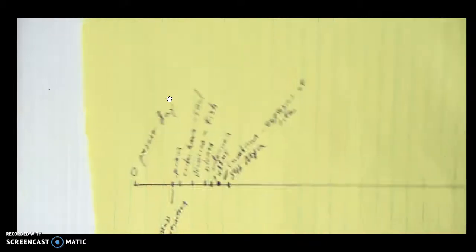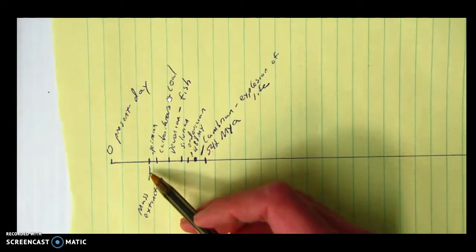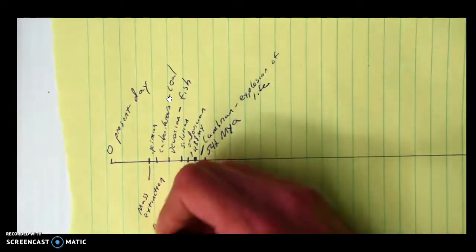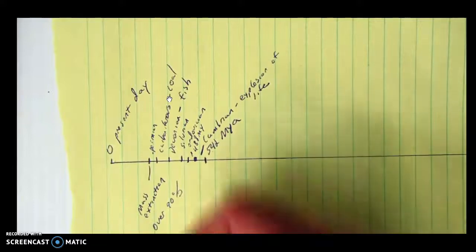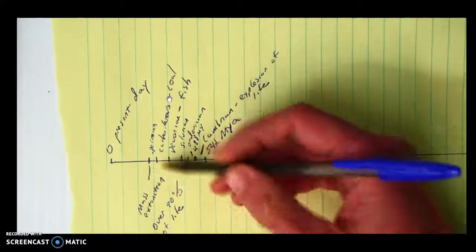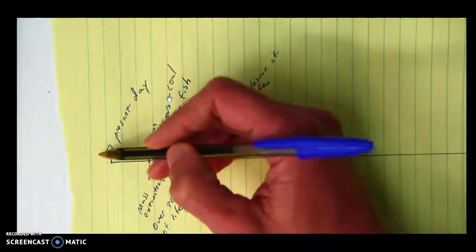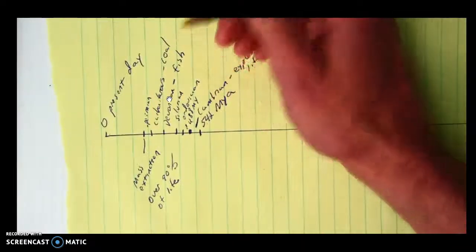Everybody knows about the mass extinction of the dinosaurs. The Permian mass extinction was far worse. Over 90% of life went extinct. Less than 10% of the species continued on into the next time period.